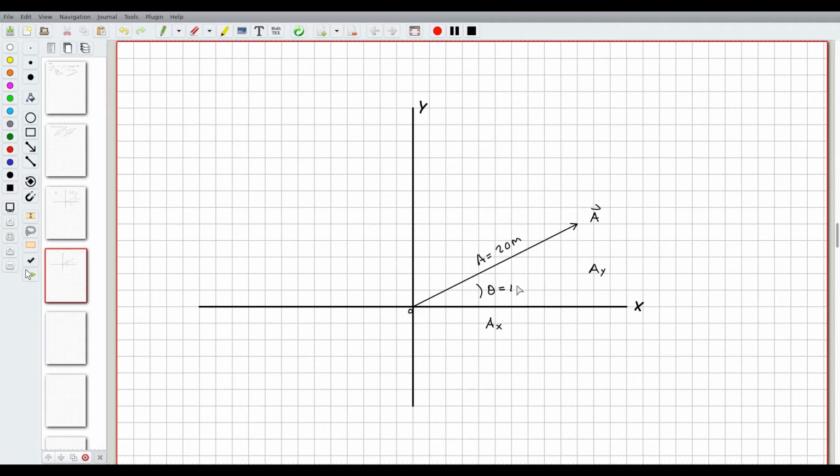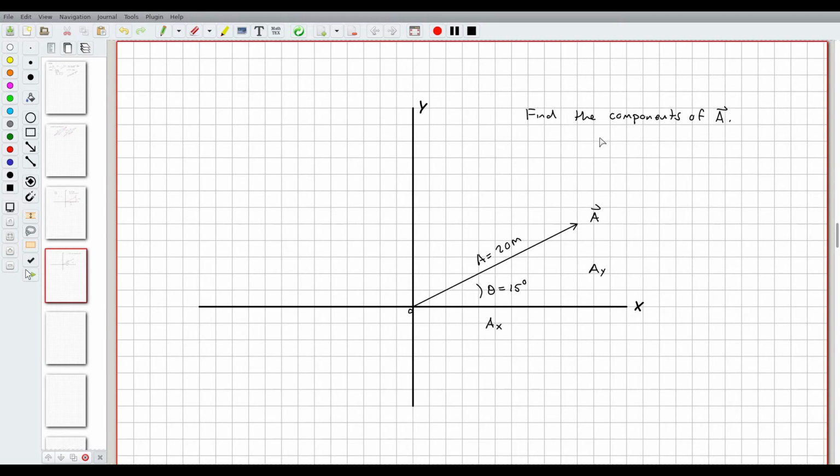I don't know, 15 degrees. Sounds good. Now, what I'd like to do is to find the components of A. That's what I want to do. Now, how are we going to do this?